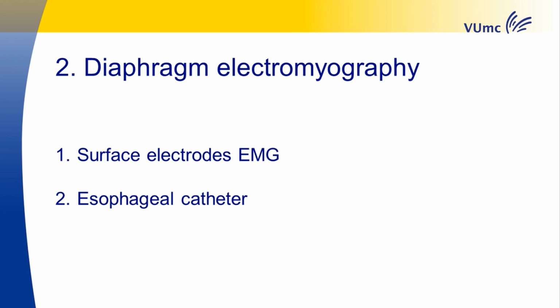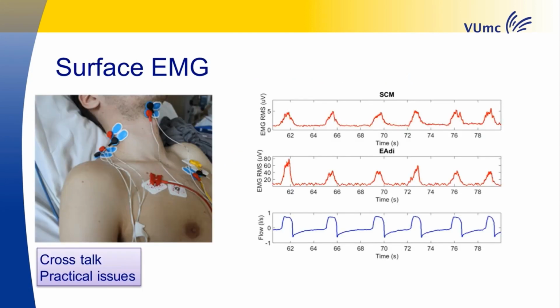Second, diaphragm EMG. And there's actually two techniques. You can use the surface EMG or the esophageal catheter. Surface EMG, it's very nice. I mean, you can actually track activity of any muscle you want. So if you want to track activity of the scalene, the intercostals, the diaphragm, it works out for research purposes. But for clinical purposes, it's a pain, right?